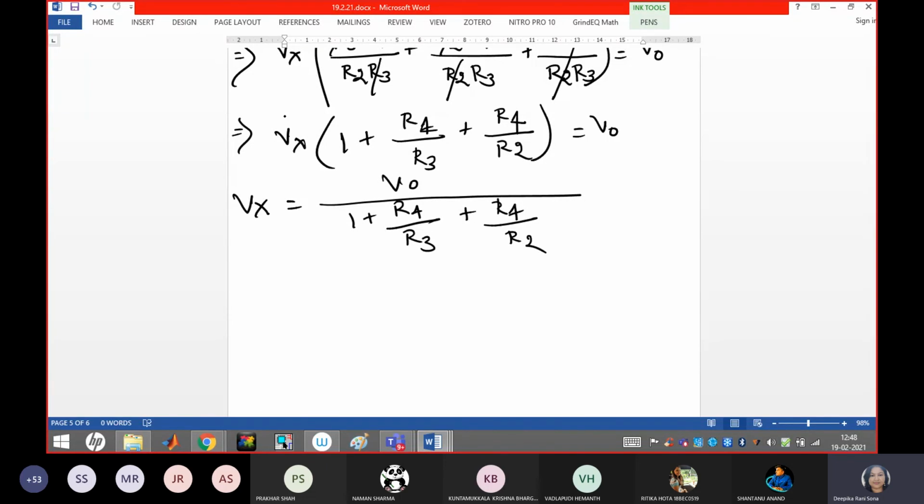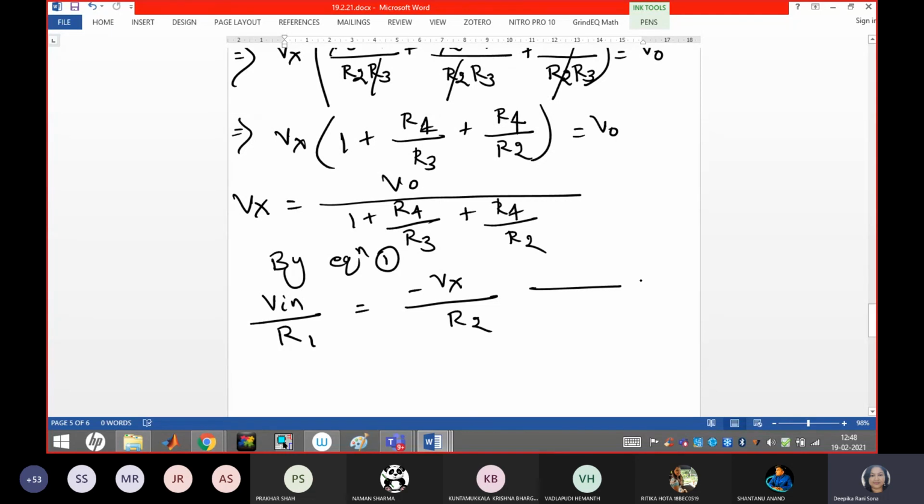So same thing we can implement here. By equation 1, we can rewrite this Vin by R1, which was equated with I2. Now this is Vx by R2. So label this as your equation 2.